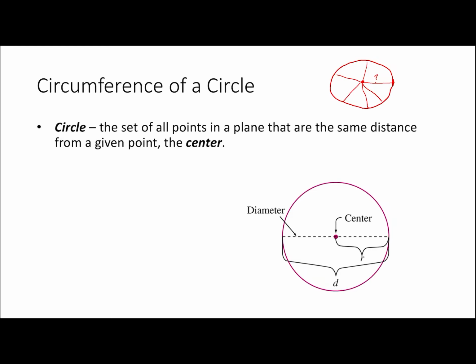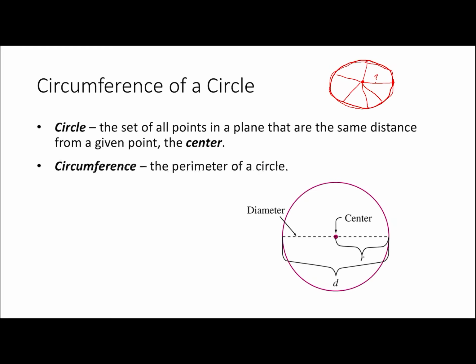And so when they dig that out, they're able to dig out that perfect circle to put the pool. And so when we define a circle, it is all these points that are the same distance from that center point. Notice the center is not part of the circle. Okay, that's important because when we talk about the circle, we're only talking about the outside part of it. The center is not part of it.